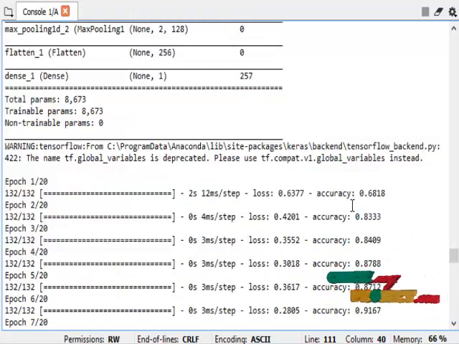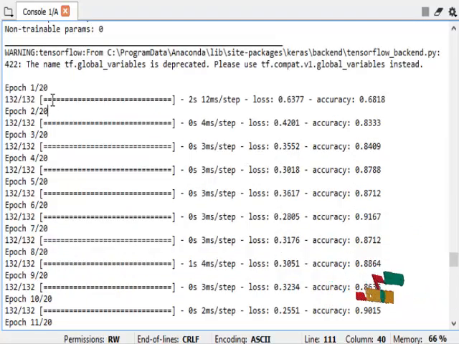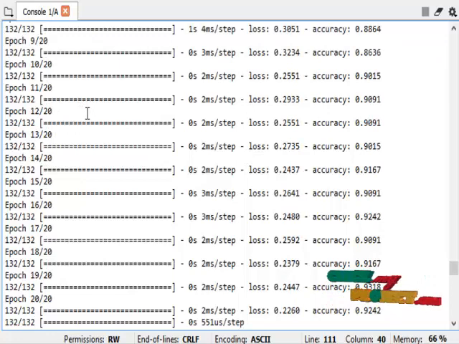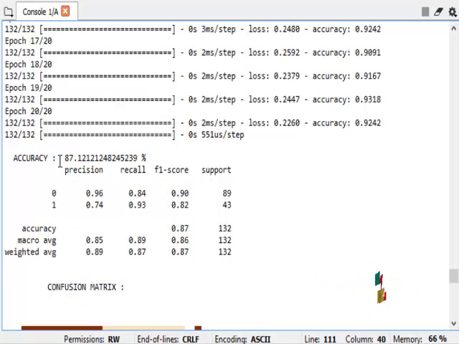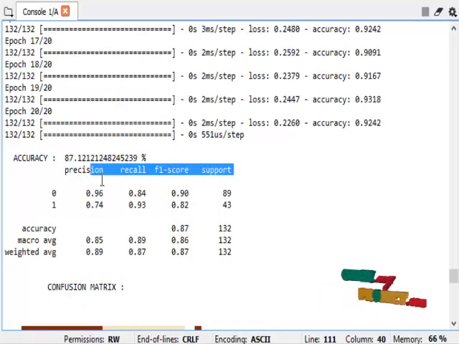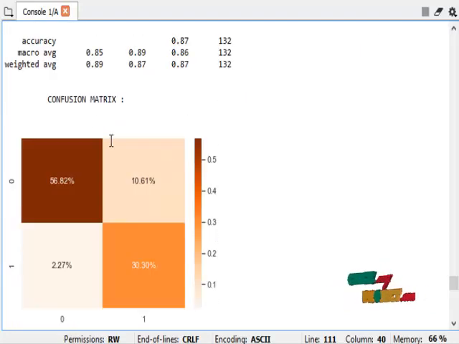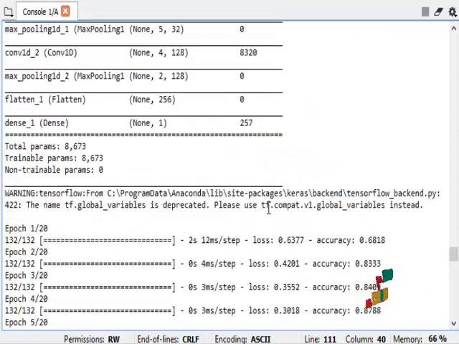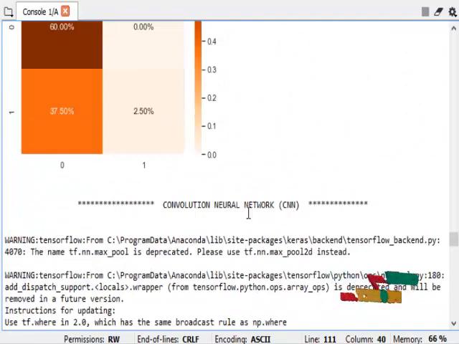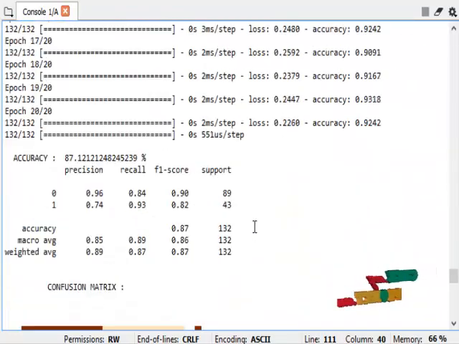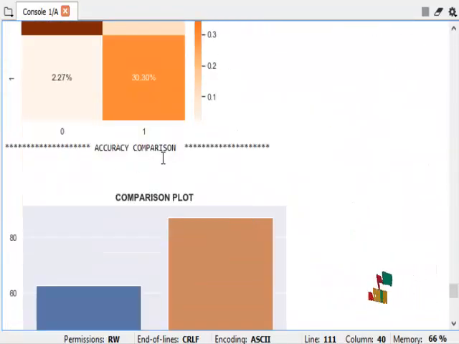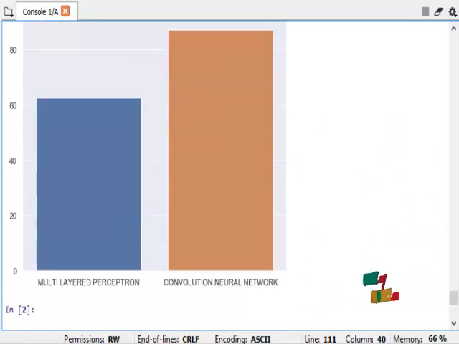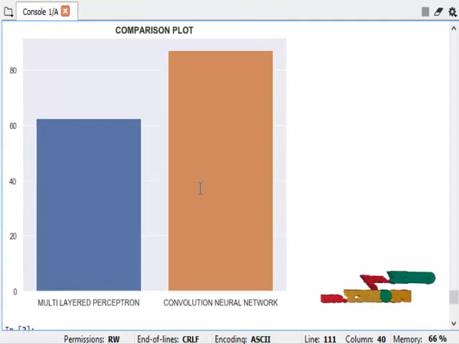To predict our accuracy, it is 87.12, and then precision, recall, F1 score, and this is confusion matrix based on our accuracy in our CNN algorithm, and then overall to compare accuracy comparison MLP and then CNN.